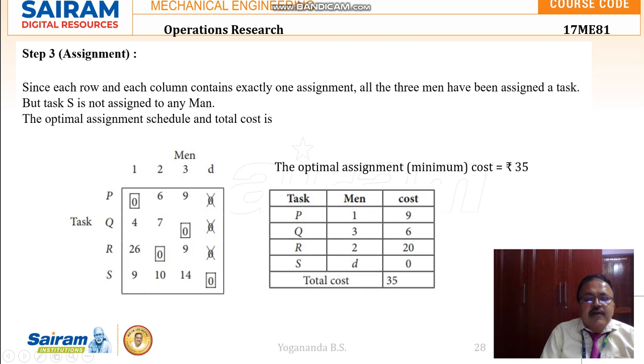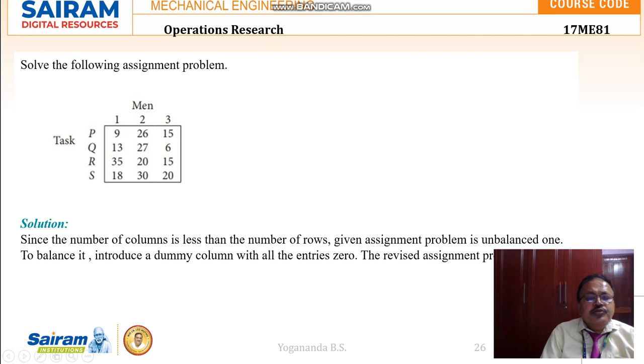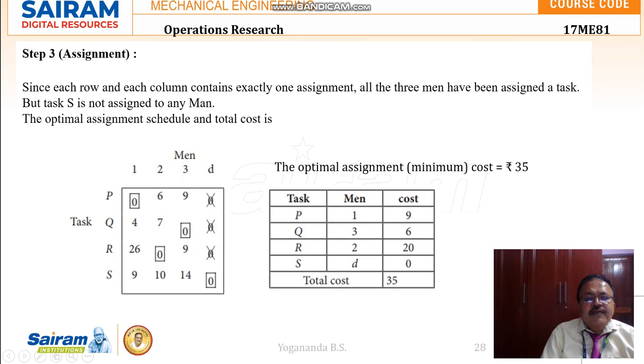Then the cost of assigning R to man number 2 is 20 units of currency. Since, as I said, there is no man D here, he is a dummy, I cannot assign job S to anyone. So the cost is 0 here.